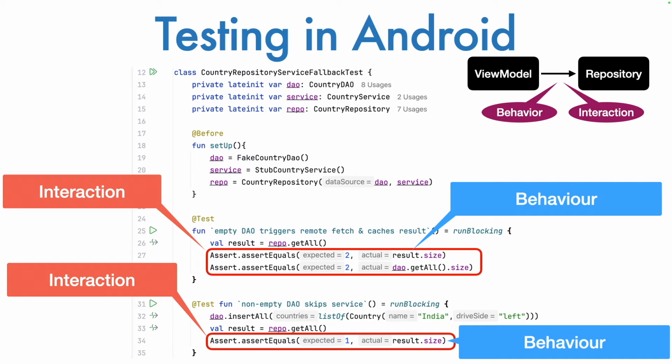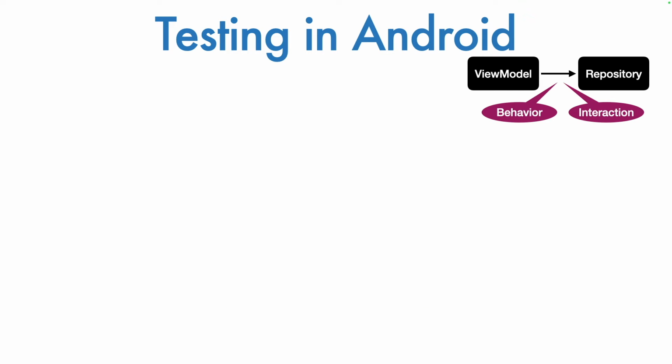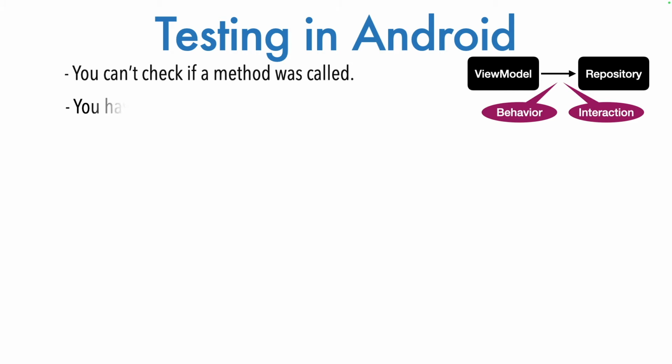So with the limited manual mocks and stubs that we have written, there are quite a number of limitations. You can't check if a method was called. And let's assume that a new member adds a new method. Now you have to write one for every interface that gets implemented.